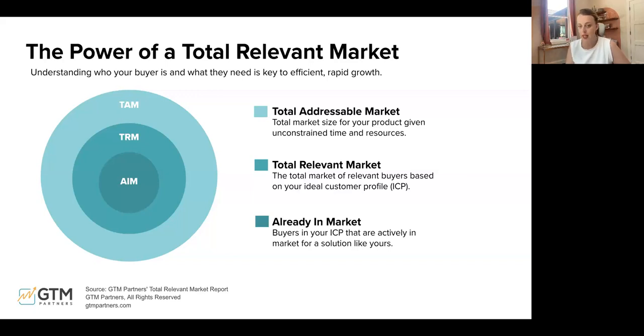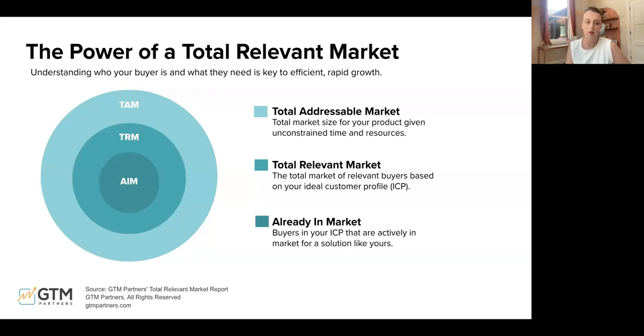So there's been a lot of latency in people's pipeline, a lot of difficulty in developing enough pipeline to even hit our top line revenue goals. So there's a lot of headwinds coming our way. And one of the things that you can do to start to slacken some of the power of those headwinds is to make sure you're focusing your efforts on the right people every time you make an effort.